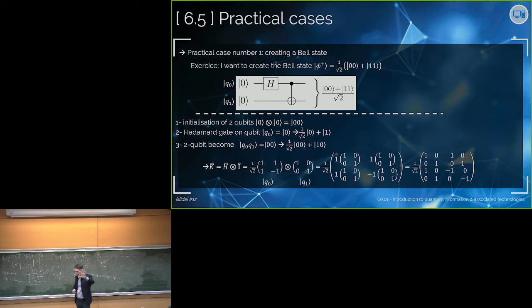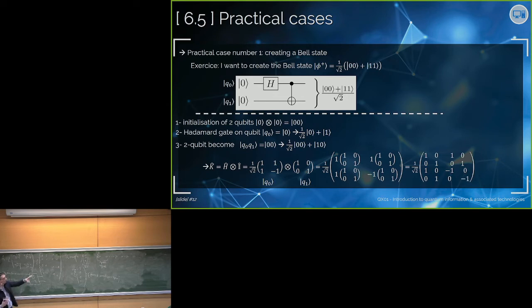If you remember, we define the Bell states for two qubits because we can show that they are what we call maximally entangled states. And we name them phi plus minus and psi plus minus. So I want phi plus, which is 1 over square root of 2 times |00⟩ plus |11⟩. So how do I do that?